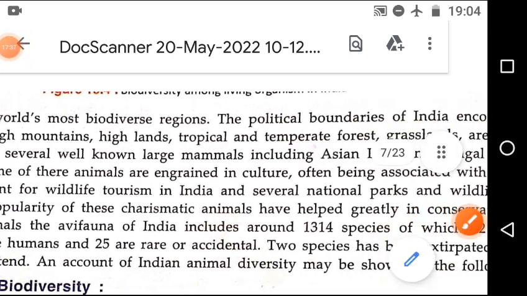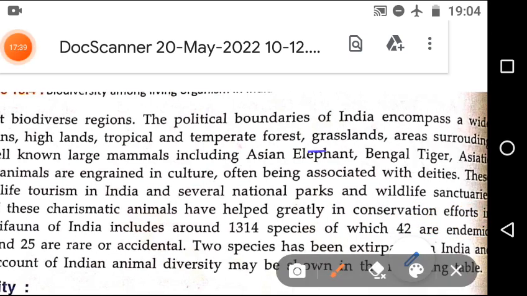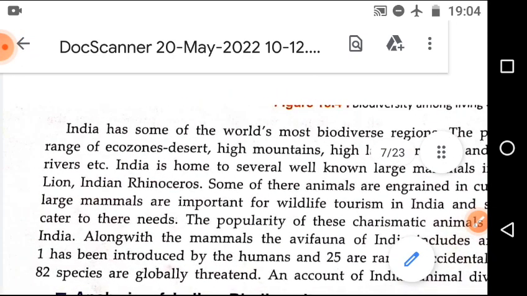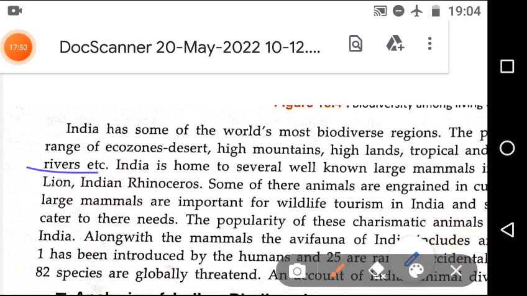It has also grassland, referring to the northeastern plains, and the areas which surround the rivers. Here it is referring to the delta region, the banks of the river, rich in biodiversity.